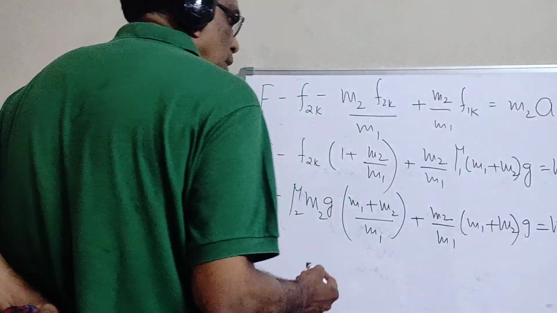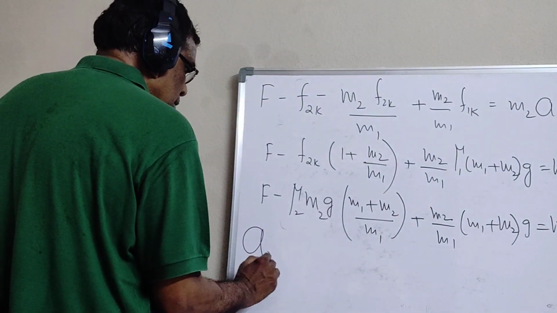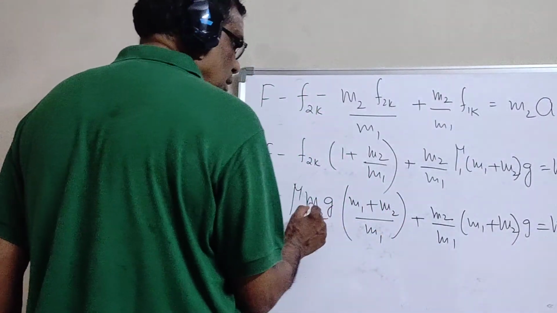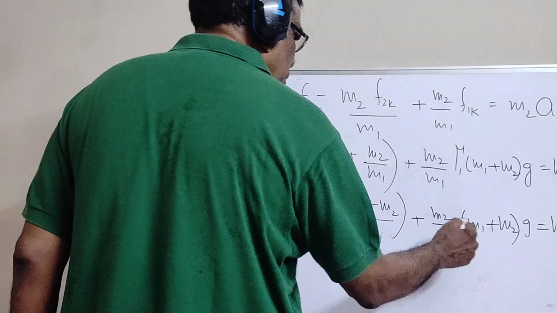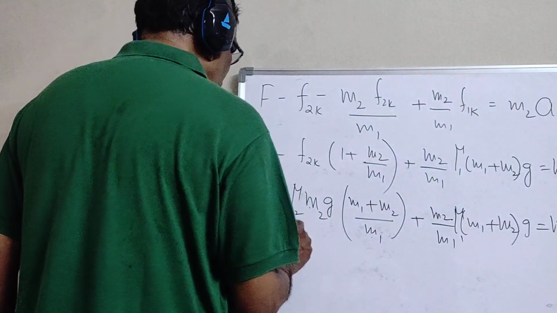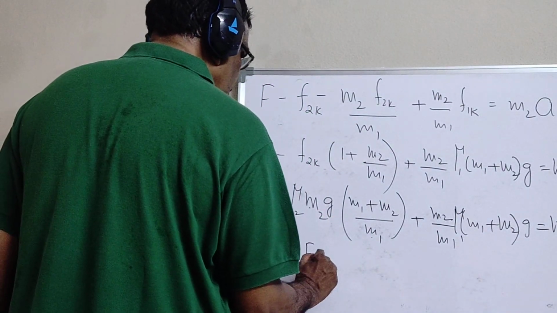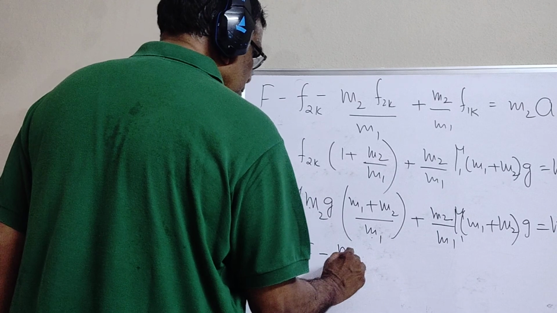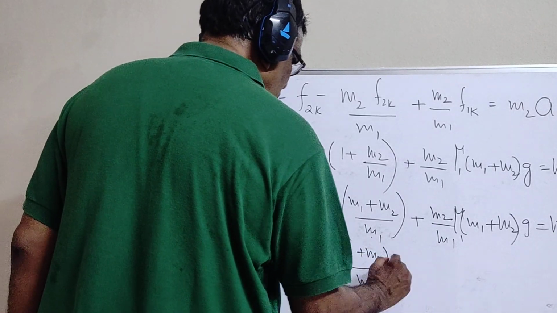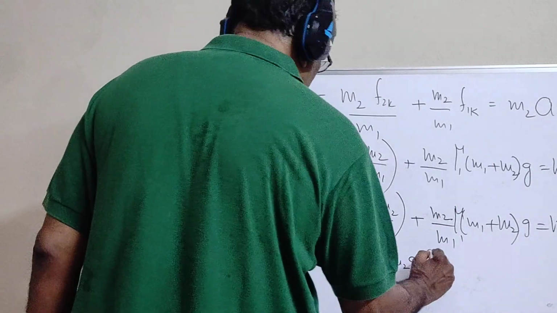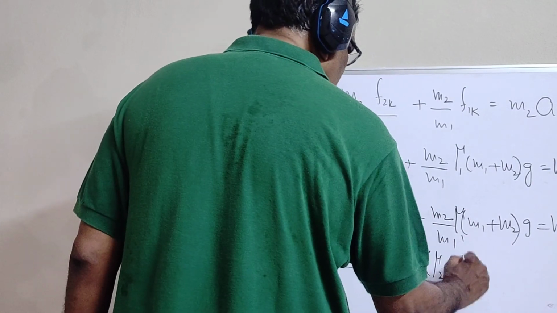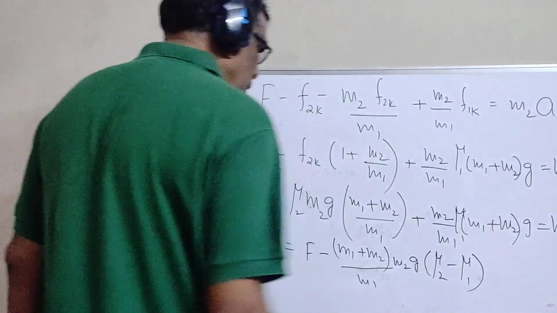Alright. Now, what is AR? AR is equal to, I think in this something is common, you can see, m2 by m1 into m1 plus m2. This is mu1. So I write f minus m1 plus m2 by m1 into m2 into g minus this is mu2 minus mu1.